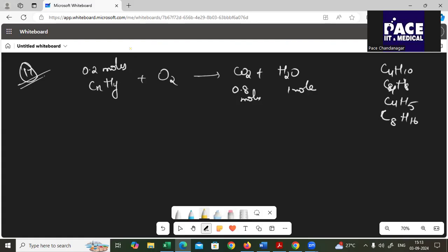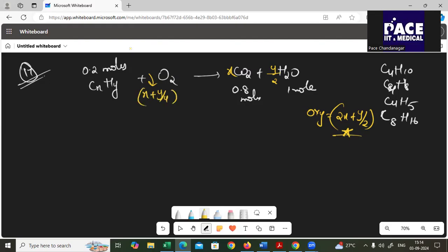This is CxHy, so let this be x, and y times hydrogen you have, so this has to be y by 2. So how many oxygens on my right side? Oxygen is 2x plus y by 2 on my right side. So on the left side it has to be 2x plus y by 2 upon 2, which is x plus y by 4, I should get.